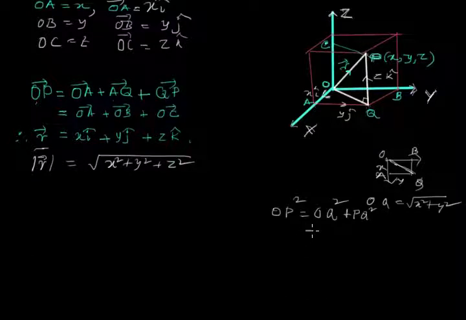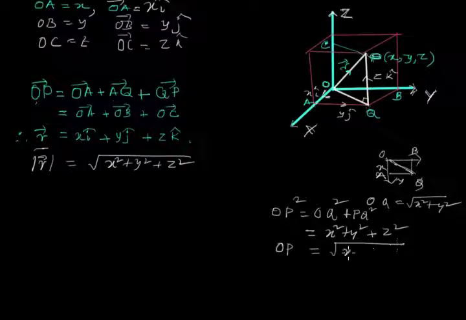Now OQ square is equal to x square plus y square, and PQ is z, so it is z square. Therefore OP is equal to root over x square plus y square plus z square. So that is our mod of OP, or mod of R.